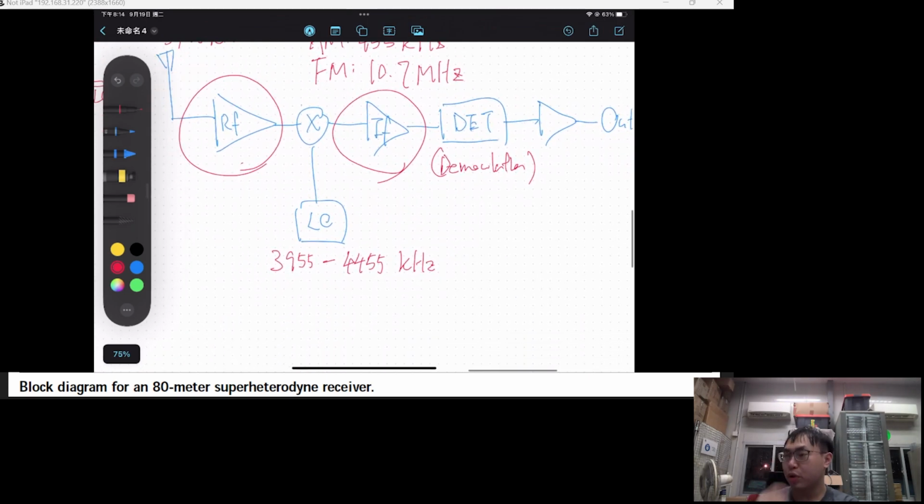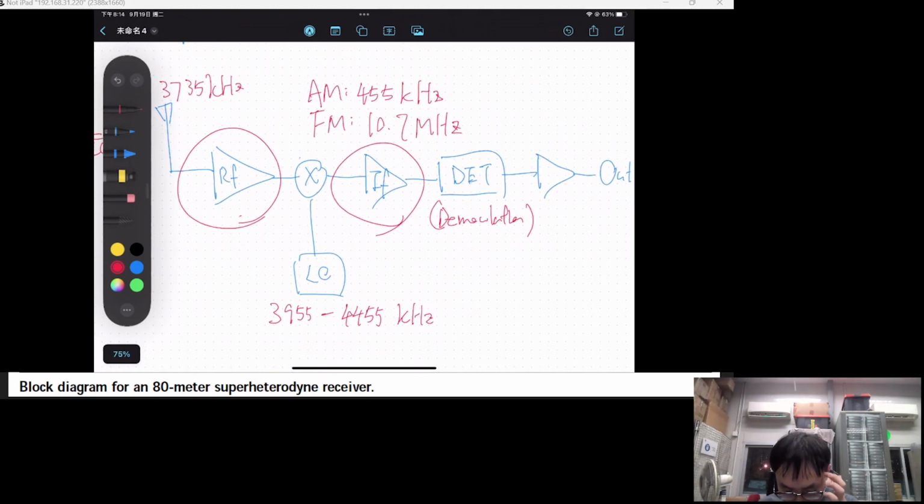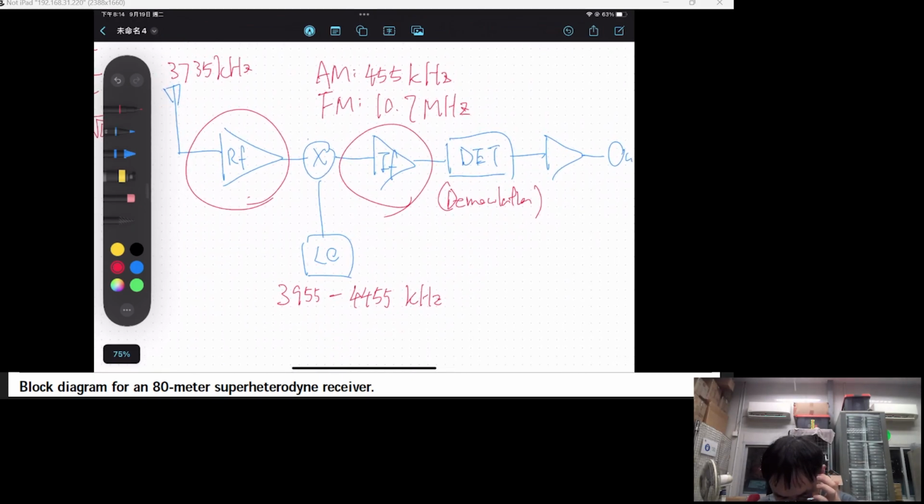But we will have another problem. Let me work it out first. The oscillator is working at this frequency, right? Correct me if I'm wrong. I guess I'm doing the math wrong.